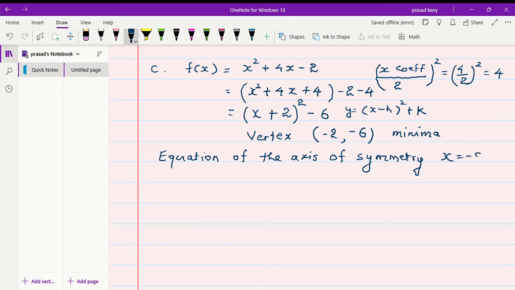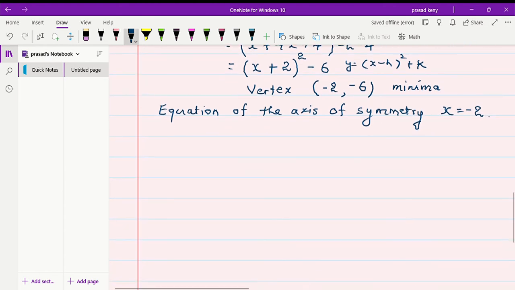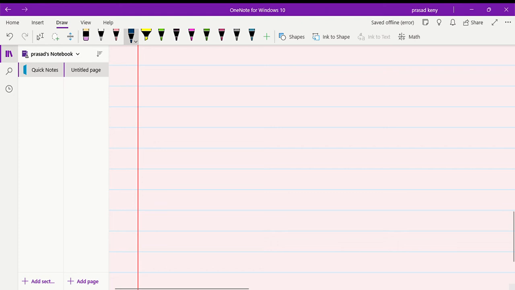So x is -2 is the equation of the axis of symmetry. So let us sketch this graph now. So I'll put the sketch here.